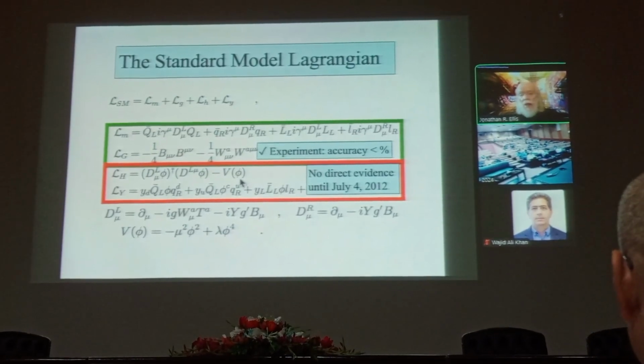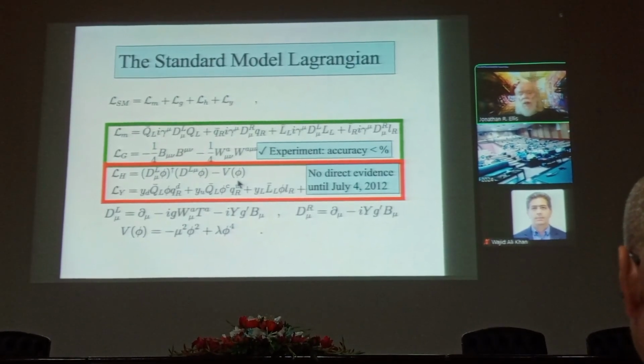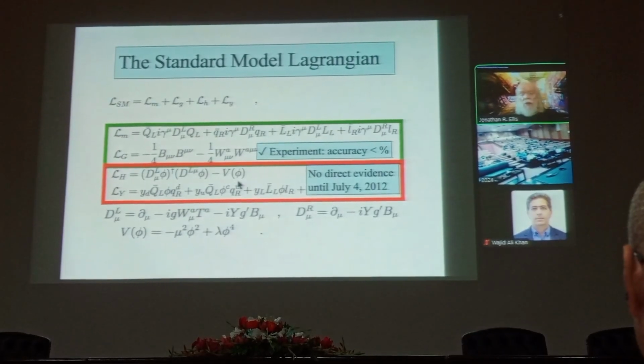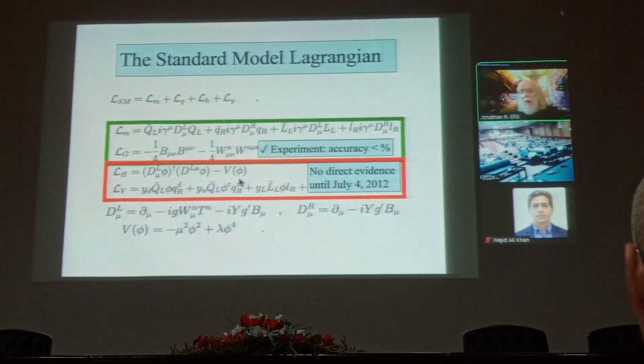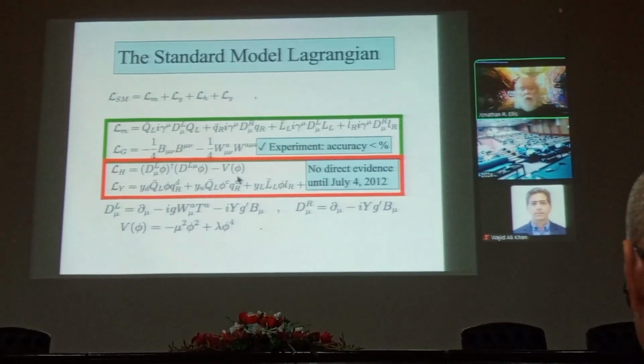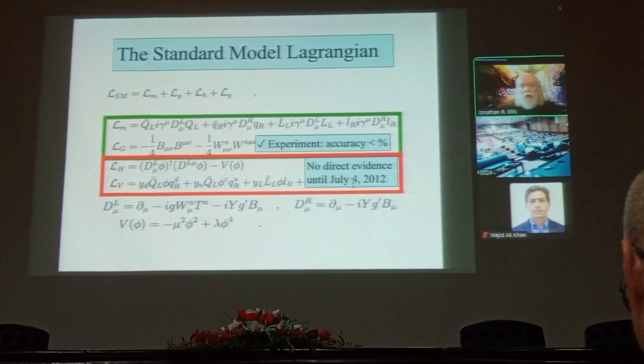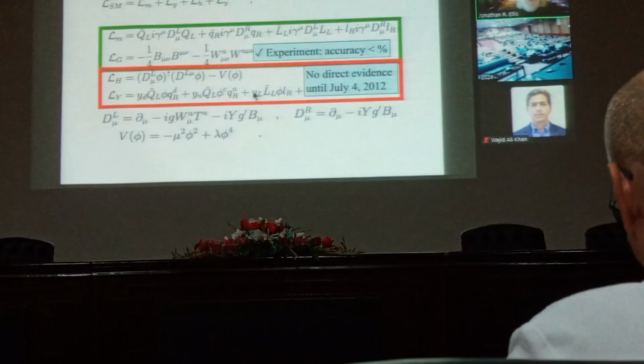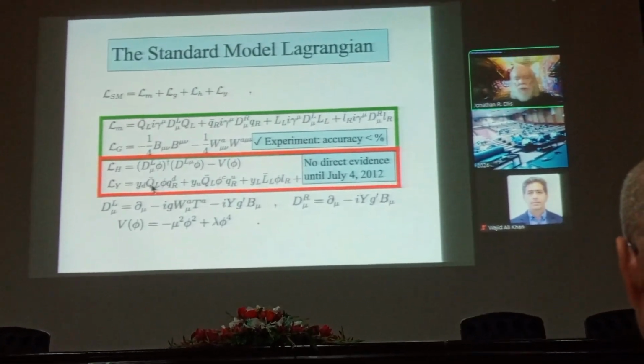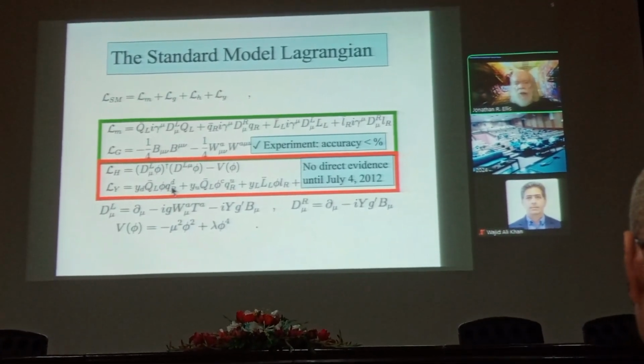And in the red box, we have the Higgs sector, for which there would be no direct evidence until the discovery of the Higgs boson announced on July 4th, 2012. You can see here how the Higgs couples the left-handed and right-handed quarks.